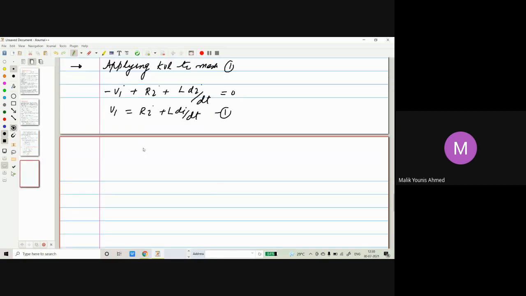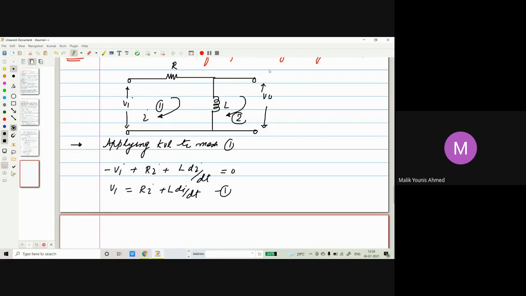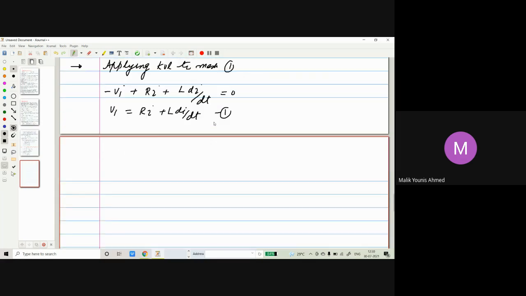Now second, we can write V naught. There is no element connected here. So V naught voltage is directly the voltage across the inductor.